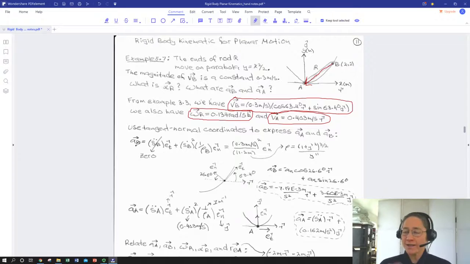So we're going to set up our acceleration expression, instead of in terms of i and j, in terms of tangent and normal.